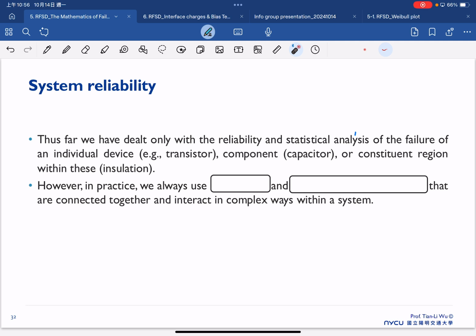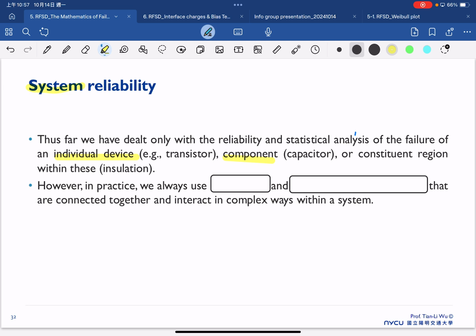Okay, next we will discuss system reliability. So far we only deal with reliability and statistical analysis of an individual device or component.